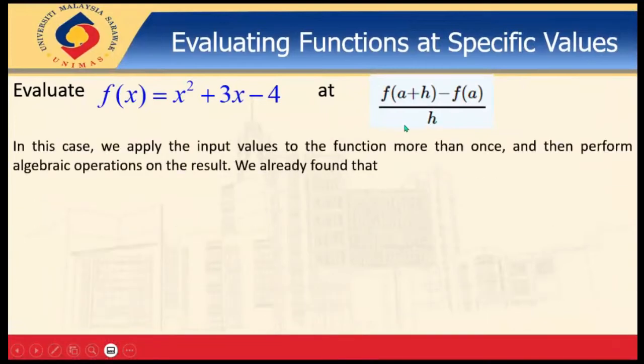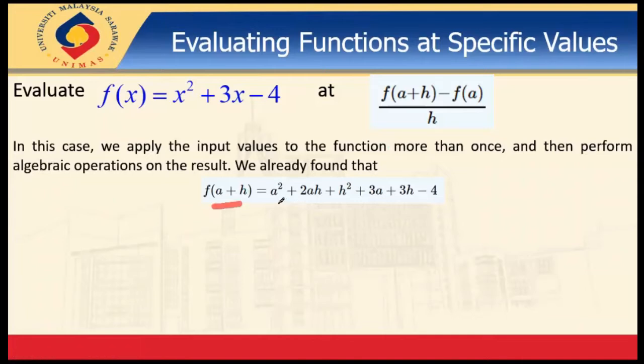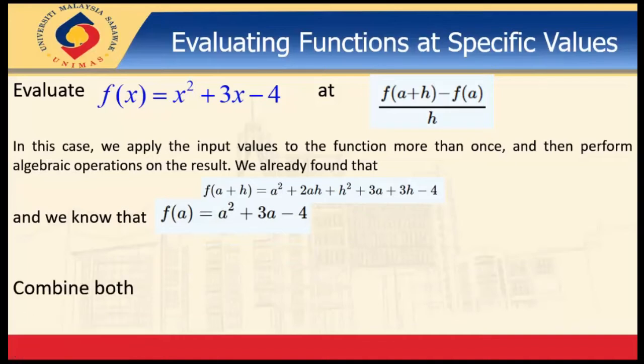So f of a plus h is the answer that we solved in the previous slide. Similarly, f of a is equal to a square plus 3a minus 4, we solved in the previous slide. So now combine both.